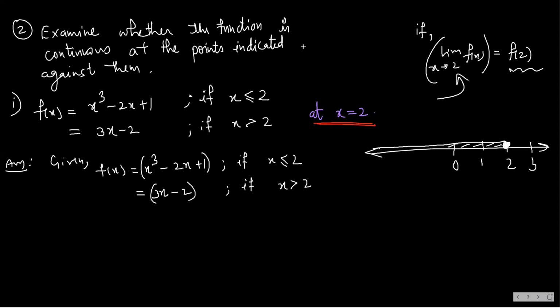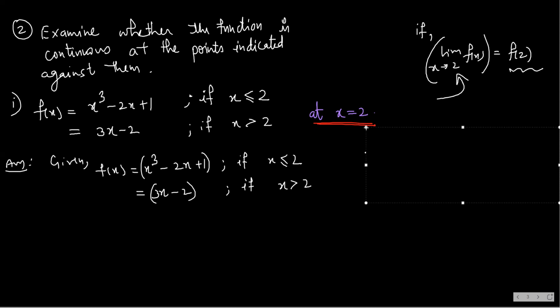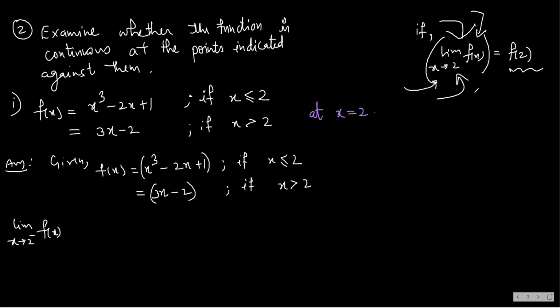Okay, so here I begin as follows. I will write out the left hand limit when x tends to 2, that is limit f of x, x tends to 2 negative. But remember, my aim is this. Here I'll have to find left hand limit and right hand limit both. I explained you why. Because on the left of x equals to 2 and on the right of x equals to 2, the function has 2 different definitions.